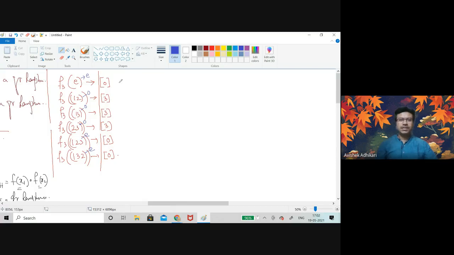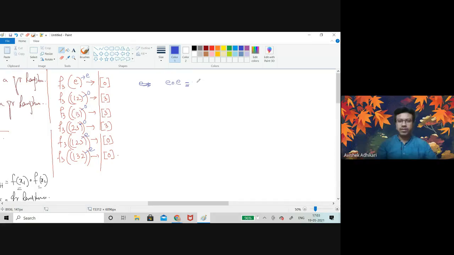And you can check that with this it forms a group homomorphism, because what is happening here is like my previous case: even composition even, what does it give? If you have one even permutation and one odd permutation, you will get even or odd.